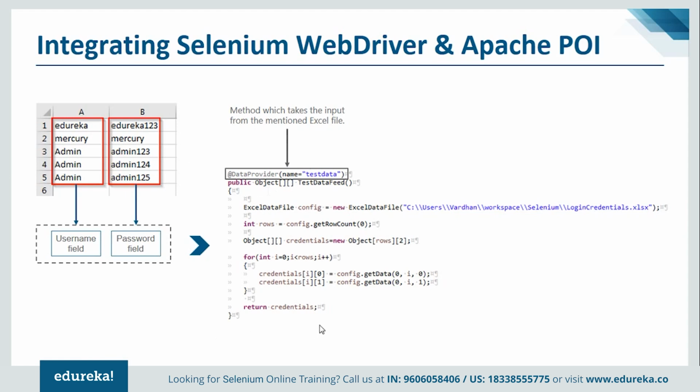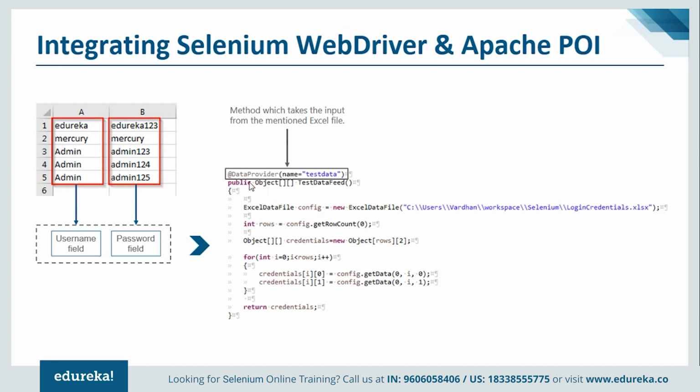I have another class called Excel data file. In that file, I have placed all the libraries and jars that Apache POI requires. When Apache POI gets all the data in, that can be used and called in the main function.